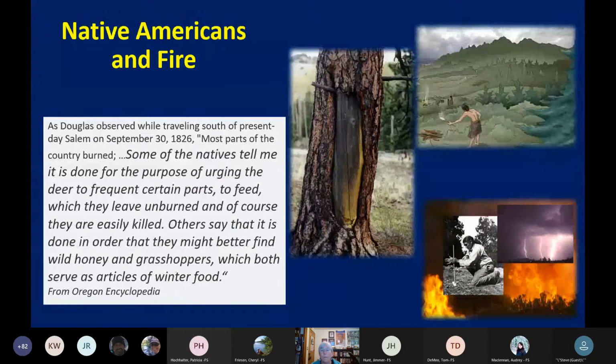And we have evidence from other places that Native Americans used fire to really actively manage forests, either to encourage certain kinds of vegetation like Oregon white oak for food purposes, or to encourage certain wildlife species to enhance hunting opportunities.